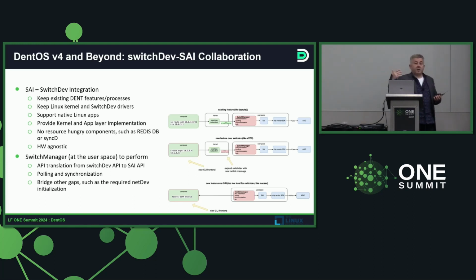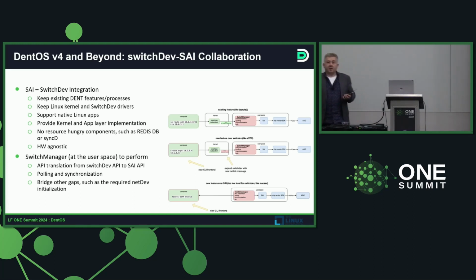You can download the SAI API, call the SAI APIs directly, and that will support it. Obviously, in these cases, the transition from the kernel to the application or the ASIC is not going to be controlled by Dent itself. You're choosing to implement your own application to call the SAI API and implement whatever feature you want to implement. It is available.